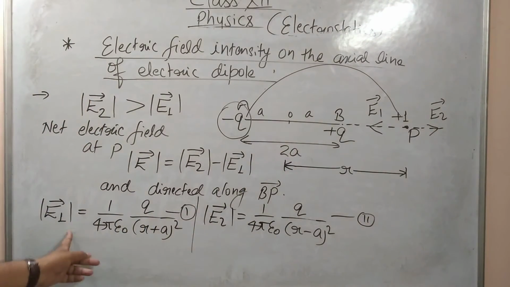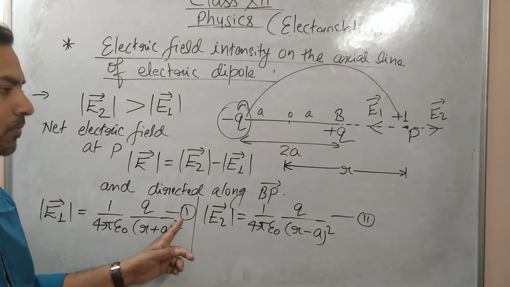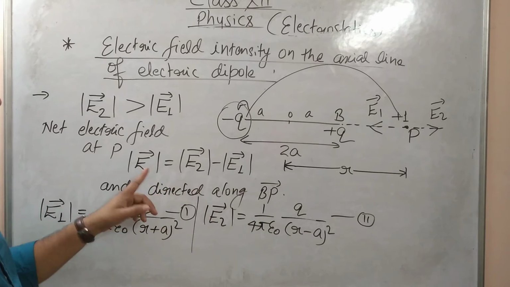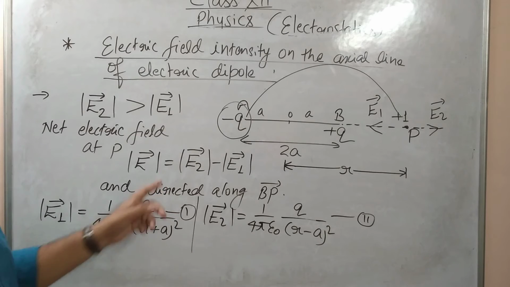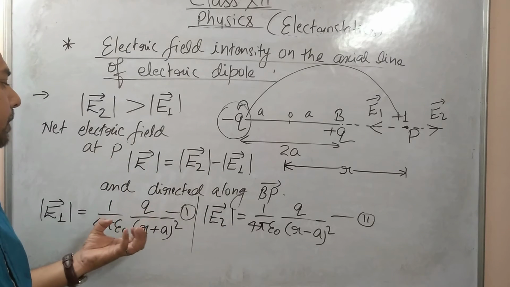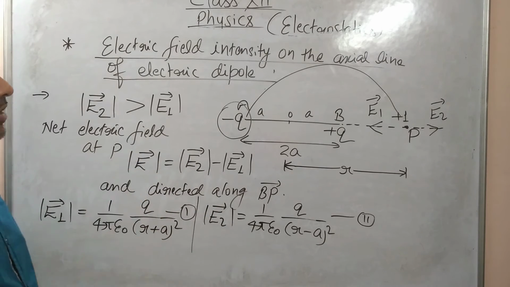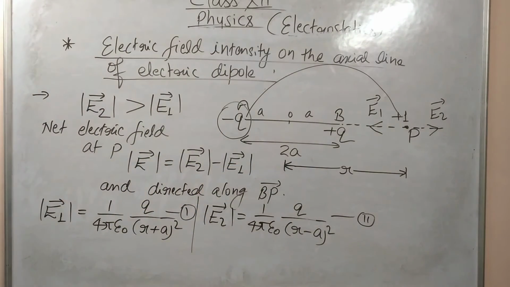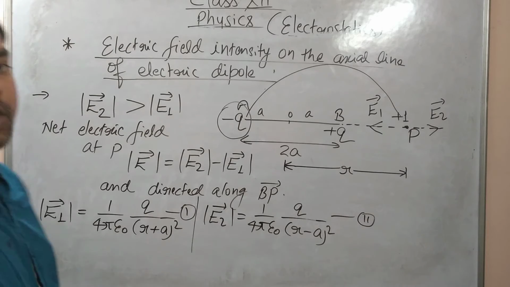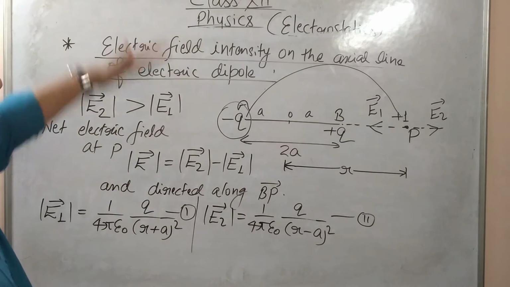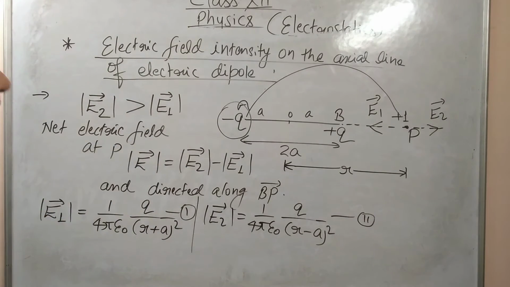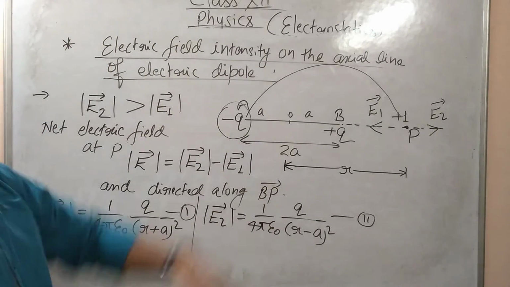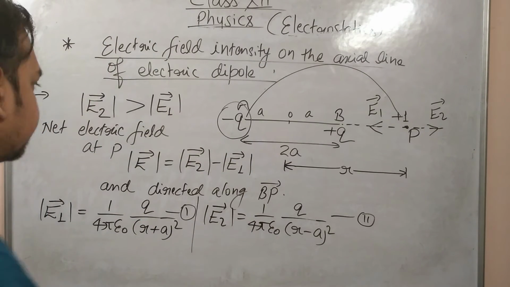Now by putting these values in this mathematical expression, we will get the final resultant electric field at point P. I hope all of you have noted down the above portion.